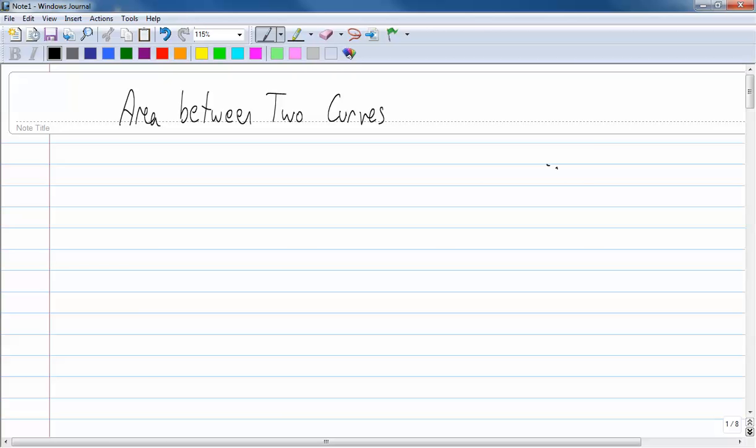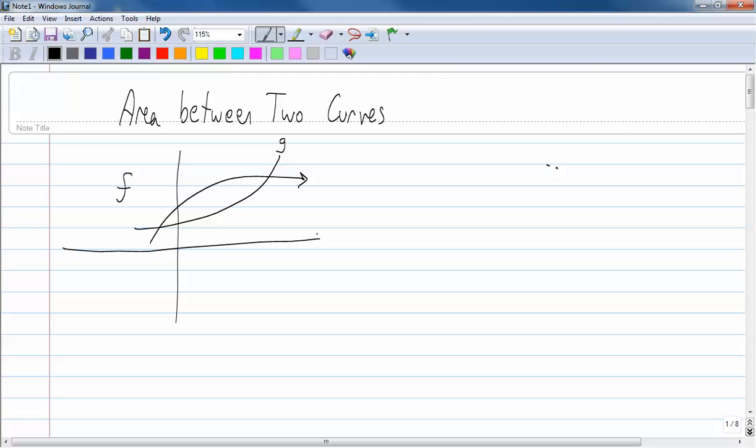So if we have 2 curves, it doesn't matter what the curves look like. If you have 2 curves, let's say this is curve f and this is curve g, and your 2 equations are set up, f of x and g of x.